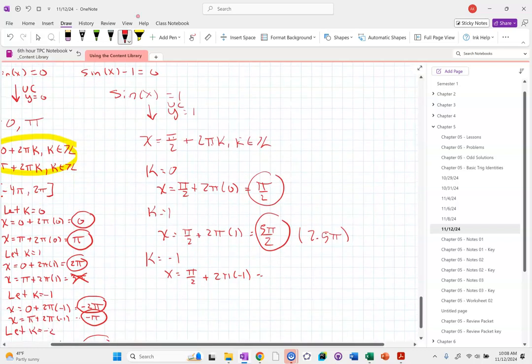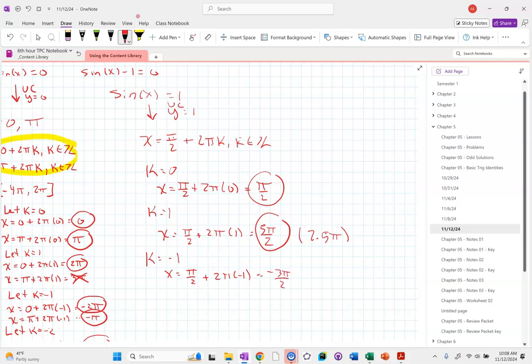So that's going to be pi over 2 minus 4 pi over 2, so negative 3 pi over 2. That's negative 1.5 pi. So I know if I subtract another 2 pi from that, I'm still going to be good. So let's go ahead and do it again. So that's going to be pi over 2 minus 8 pi over 2, so negative 7 pi over 2, or negative 3.5 pi.